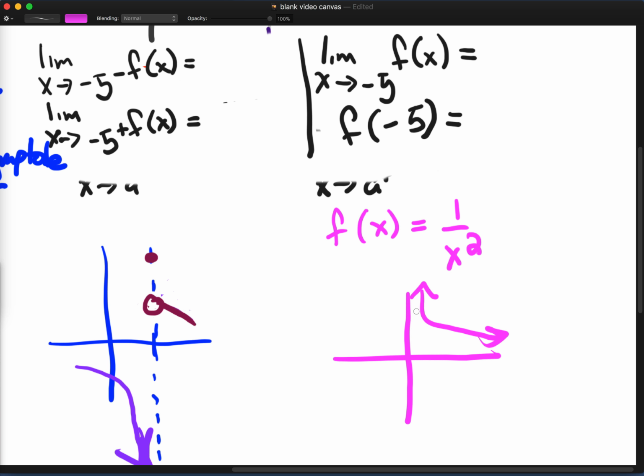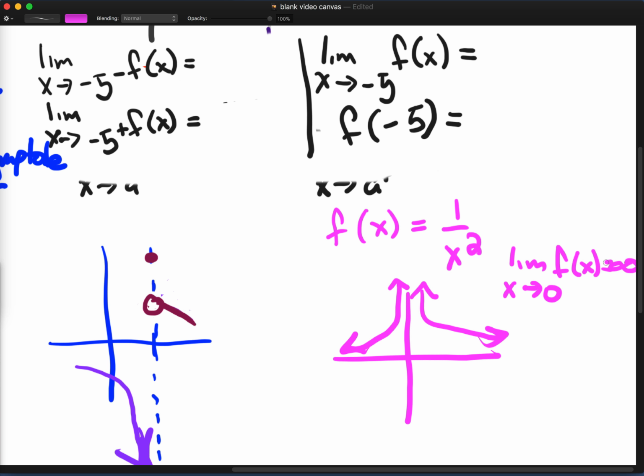It would be positive, right? Because you square negative numbers, so they're going to be positive. So it's actually identical. It's a mirror image here. So in this case, what would be the limit as x approaches 0 of this function? What would you say? You would say infinity, exactly, because it's infinity from both directions. Does that make sense?